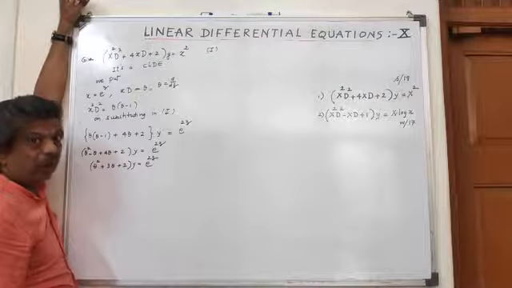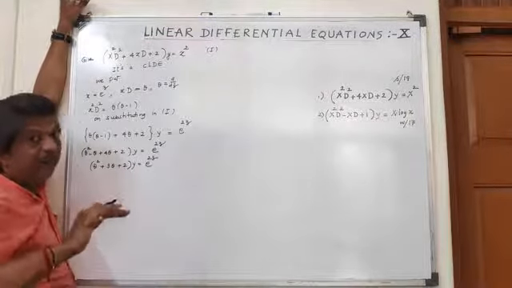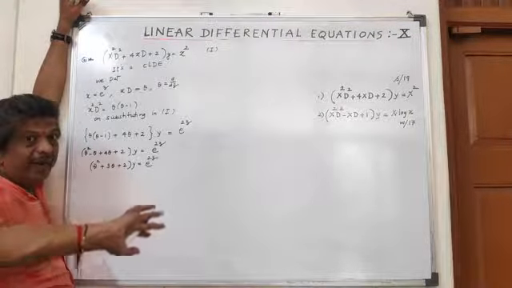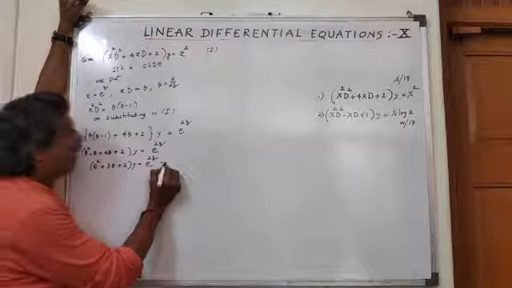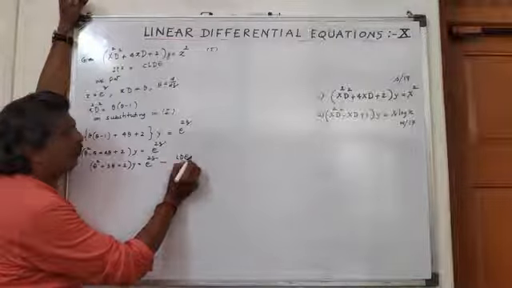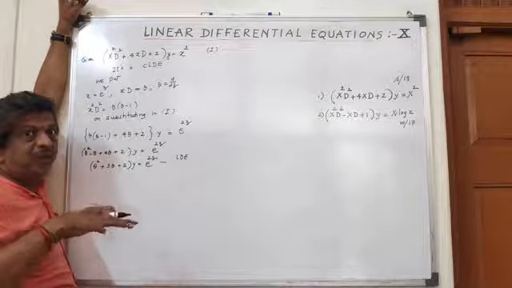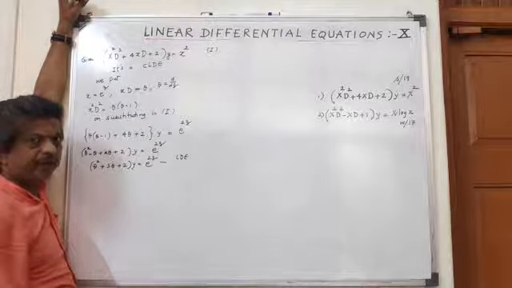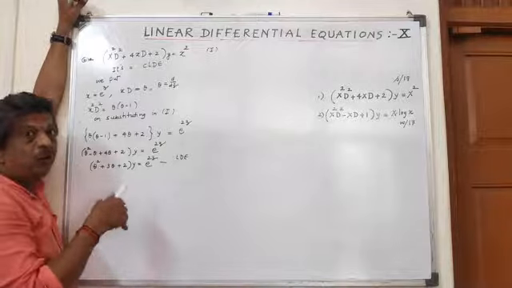So by virtue of this exponential substitution, x is e power z, in another independent variable z, this equation has been reduced to a linear differential equation with constant coefficients.